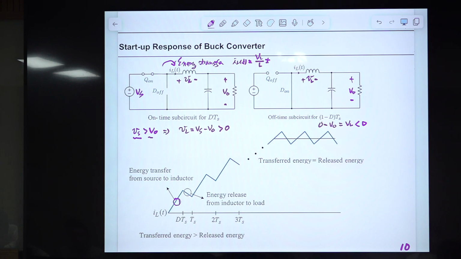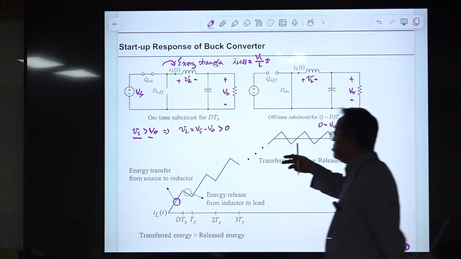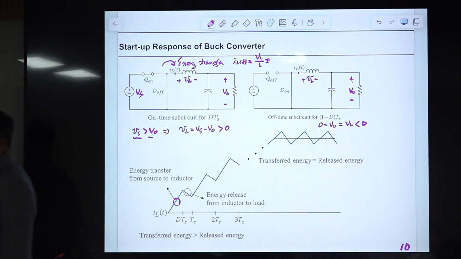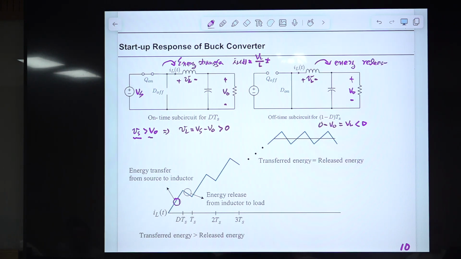So reaching the steady state is explained using this simple piecewise linear circuit analysis. This is one simple example of using piecewise linear analysis, but we use this analysis idea all the time.